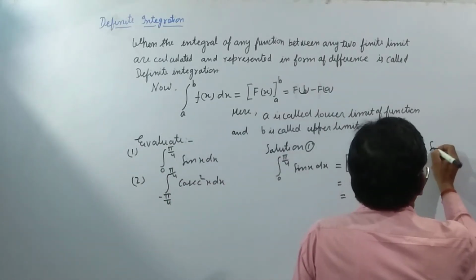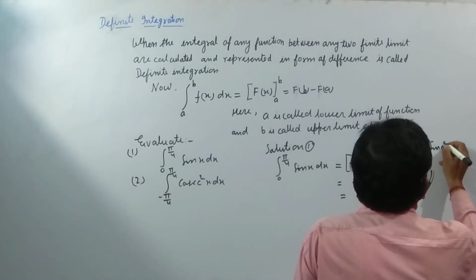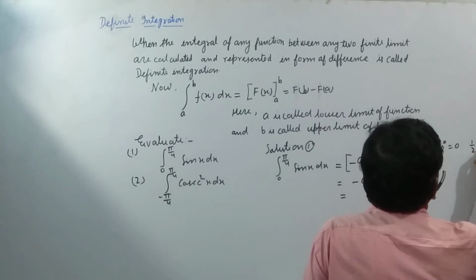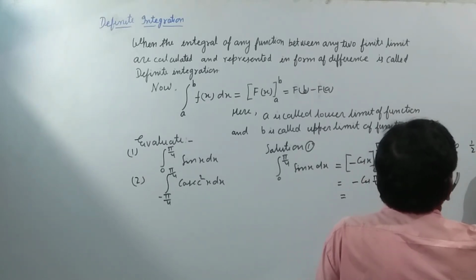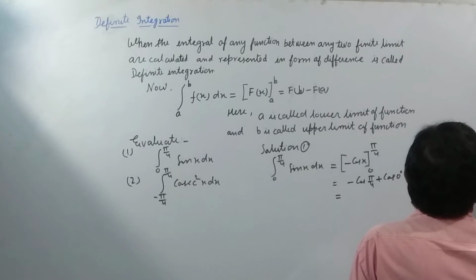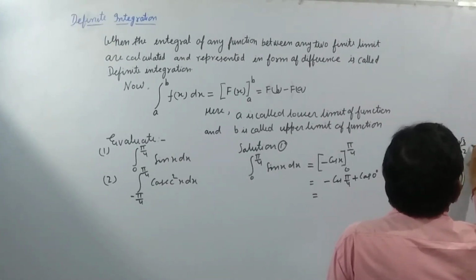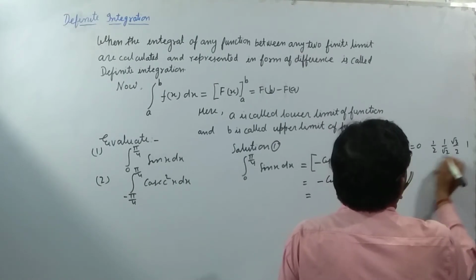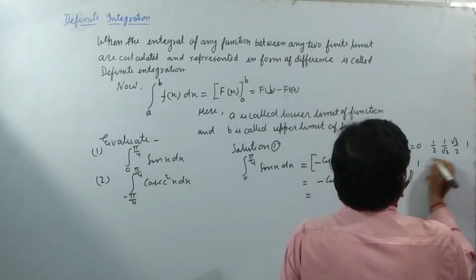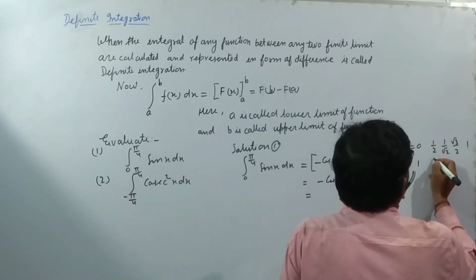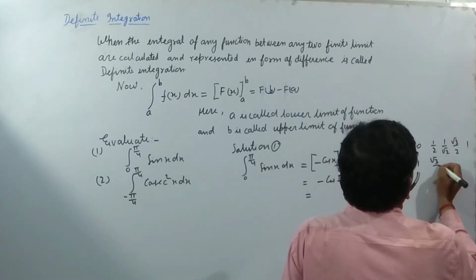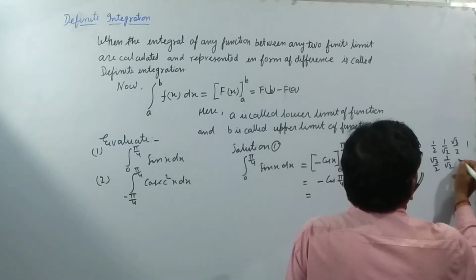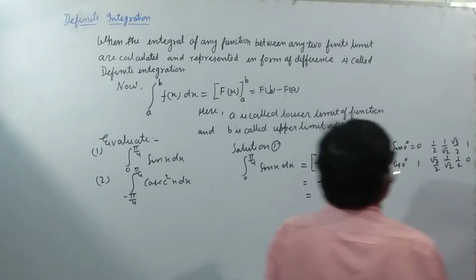As you know, sin 0 is 0, 30 degree is 1 by 2, 45 degree is 1 by root 2, 60 degree is root 3 by 2, 90 degree is 1. But for cos, 0 degree is 1, 30 degree is root 3 by 2, 45 degree is 1 by root 2, 60 degree is 1 by 2, and 90 degree is 0.